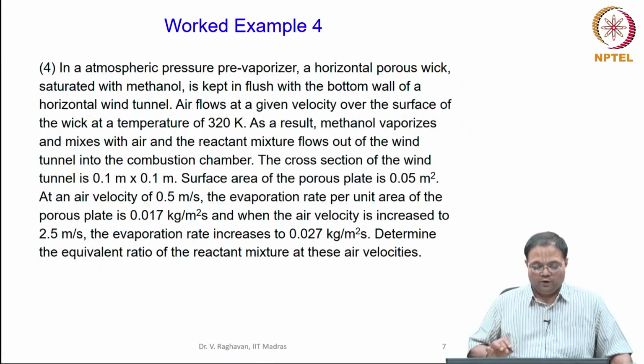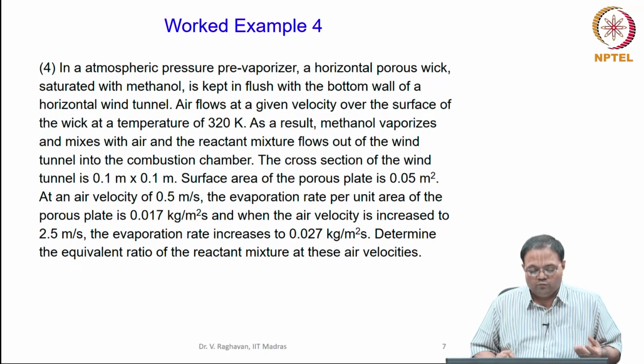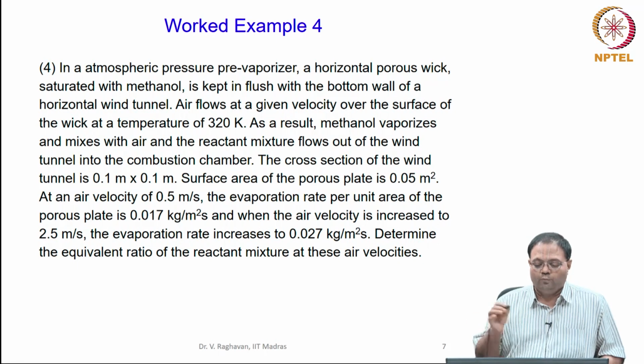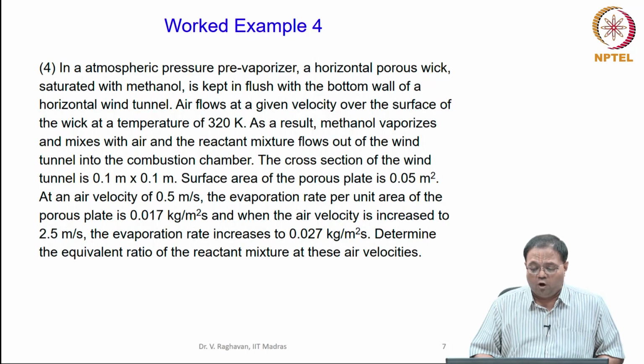Okay. Now let us consider a problem where methanol is used and it is evaporated through a porous wick. In an atmospheric pressure pre-vaporizer, a horizontal porous wick saturated with methanol is kept flush with the bottom wall of a horizontal wind tunnel.